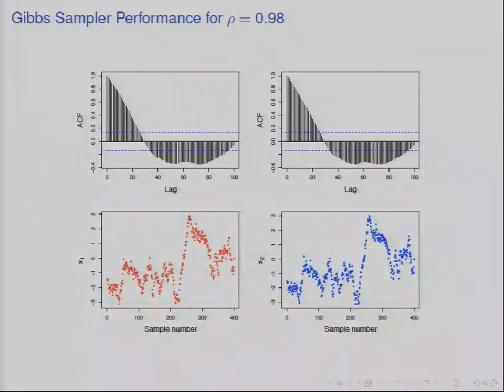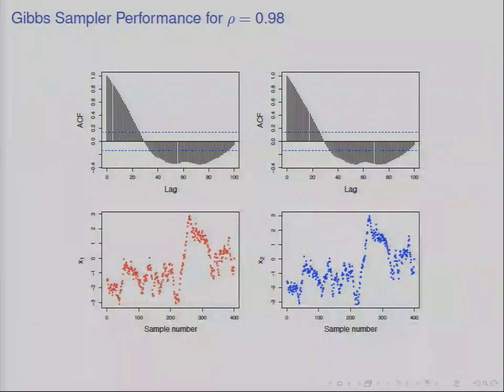And what you can see here is the autocorrelation of the samples that we draw once the Gibbs sampler has converged. And you can see that, up to a lag of certainly over 20, we've got a huge correlation structure. So this is really going to impact the overall Monte Carlo error.